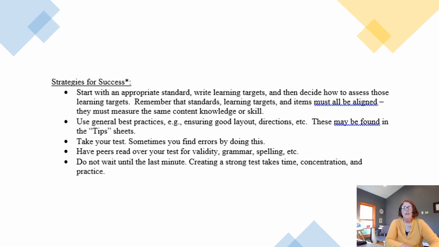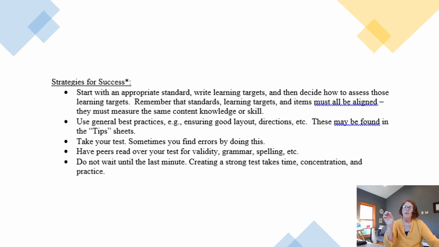So just some strategies for success. You always start with a standard. The standard is your roadmap. So look through that folder, find a standard, write a couple of learning targets, and then decide how you would assess them. And remember, the rule is, as we've said before, standards and learning objectives or targets and your quiz items must all be aligned.